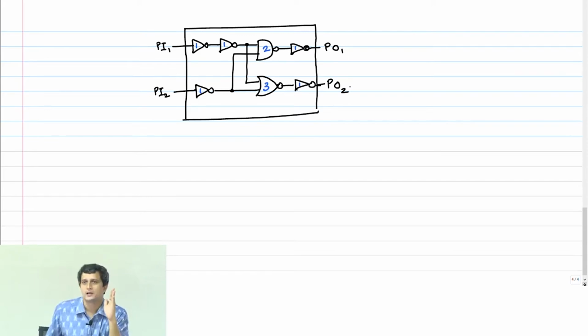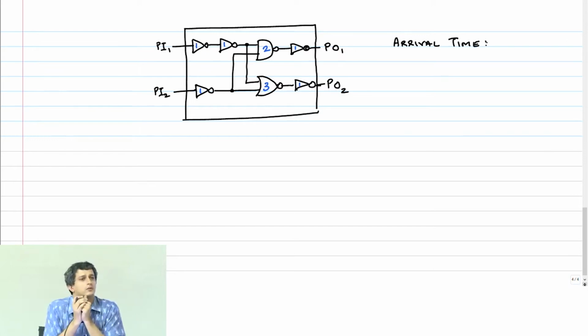We define something known as an arrival time. Arrival time is basically the time at which the output of the gate will be stable. The minimum time after which the output of that gate will be stable.